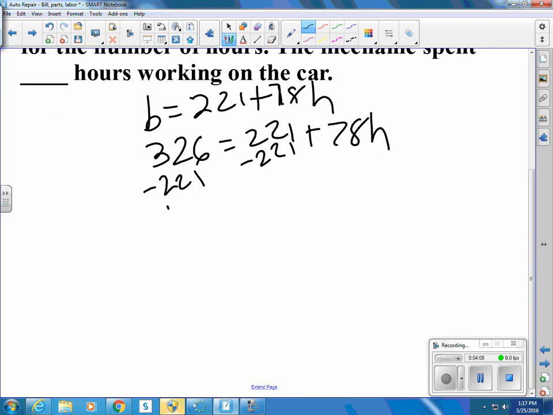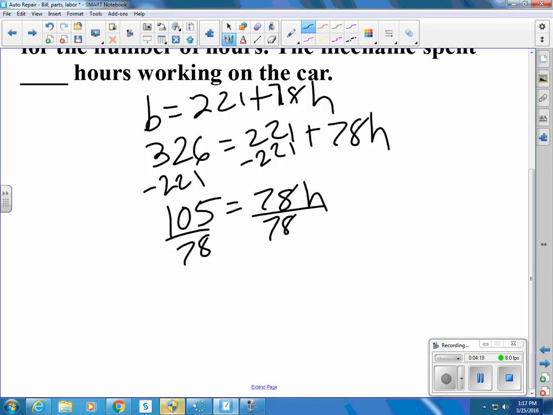And that gives us 105 is equal to $78 an hour times the number of hours. To find out how many hours, we just divide by the $78 per hour. And that tells us not quite an hour and a half. 1.35 hours.